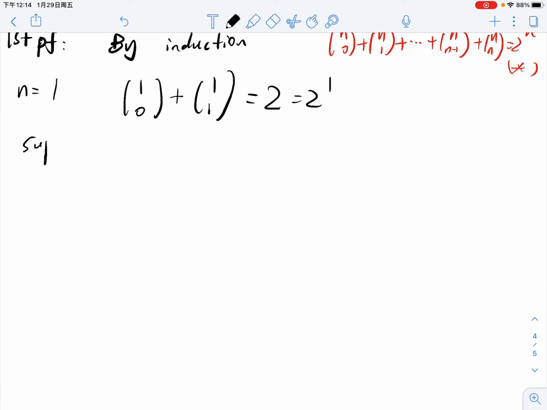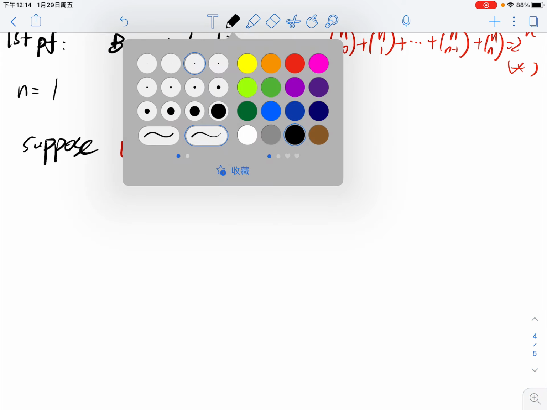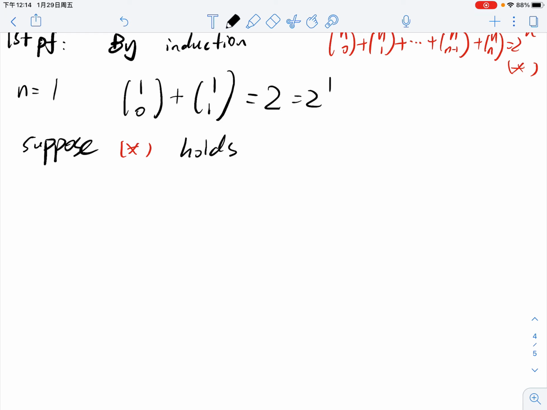And now suppose star holds for n equals k. When n is k plus 1, that's the usual induction process. You assume it holds for n equals k, and you go on to prove the case when you increase n by 1.